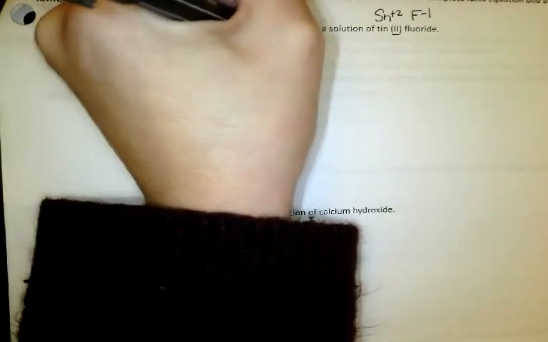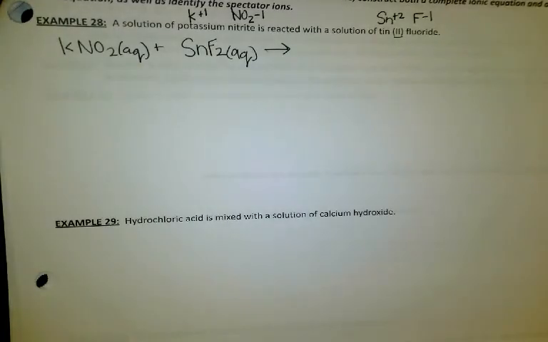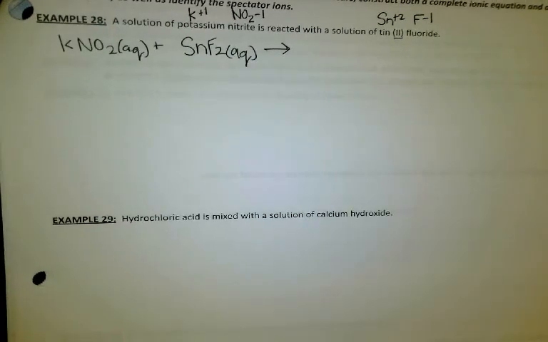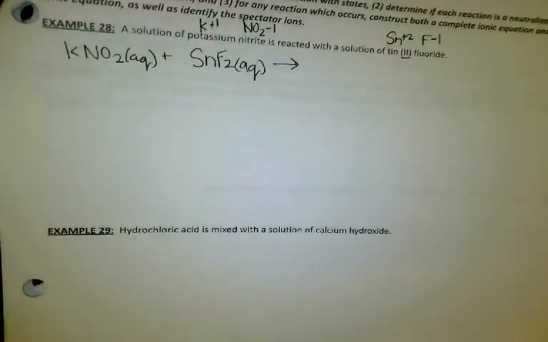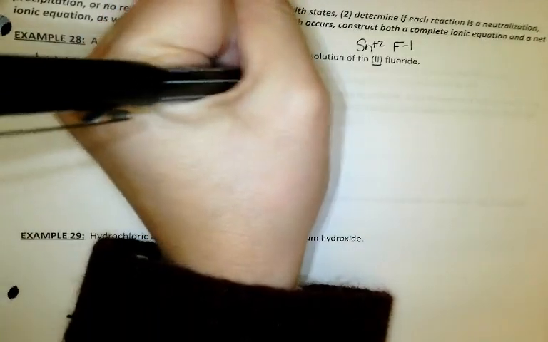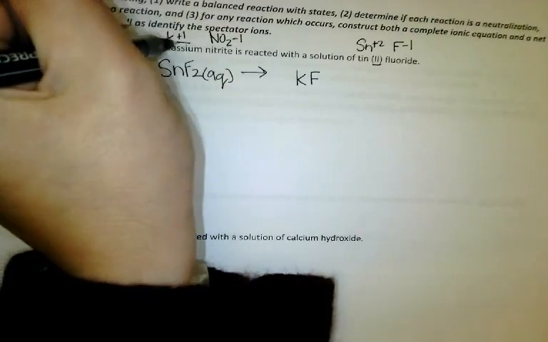Now we predict. So in double replacement reactions, they just switch, right? So I'm just going to switch the potassium and the tin. Now when I switch them, I have to pay attention to those charges, right? So when I switch them, I get KF, but I have to double check my charges. I have potassium positive 1, fluorine negative 1. So KF is correct.